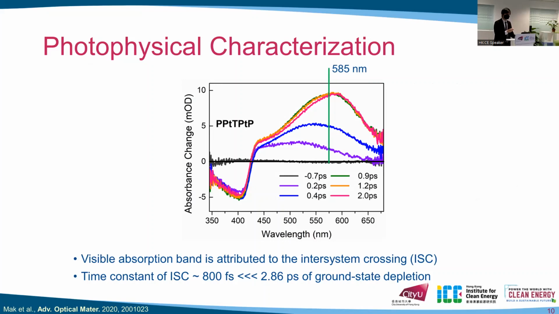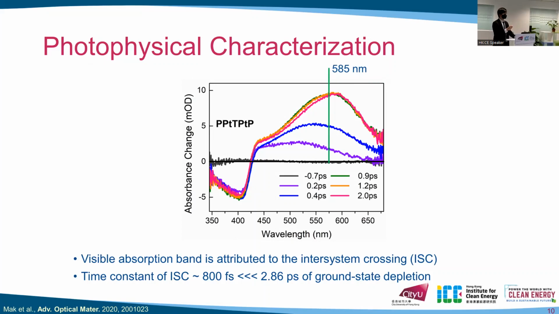Apart from the time-resolved photoluminescence study, we also conducted experiments with femtosecond transient absorption spectroscopy. We can see two broad peaks in this spectrum. The first band is attributed to the ground state depletion in the UV region, and in the visible absorption band, it is intersystem crossing.